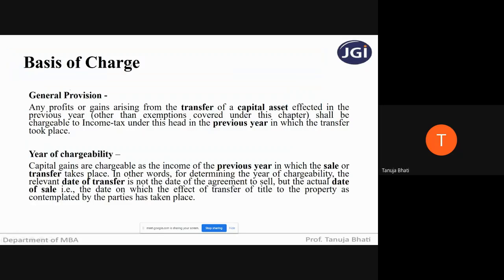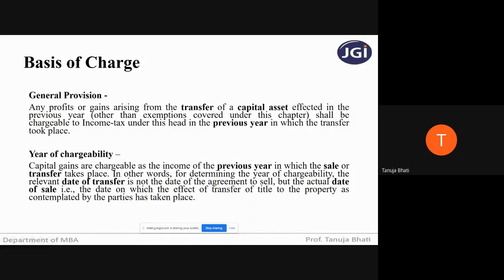Okay, so let us see the basis of charge. Now what do you mean by basis of charge? It is the basis on which you are going to charge a particular income as income from capital gains.